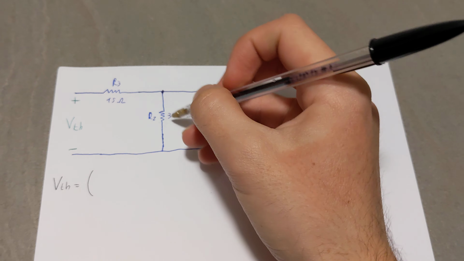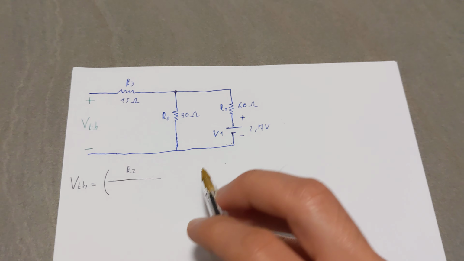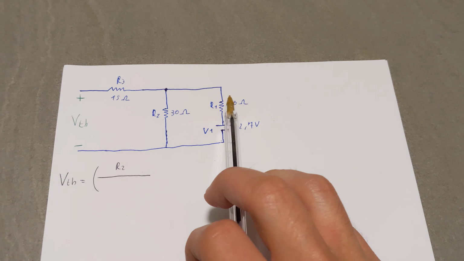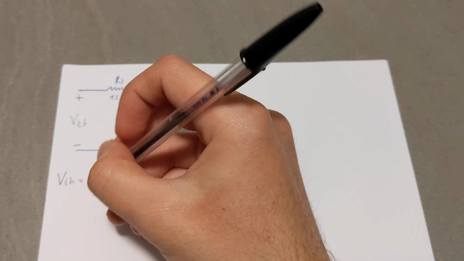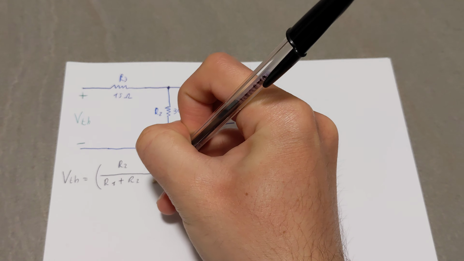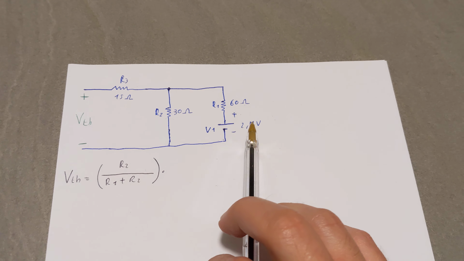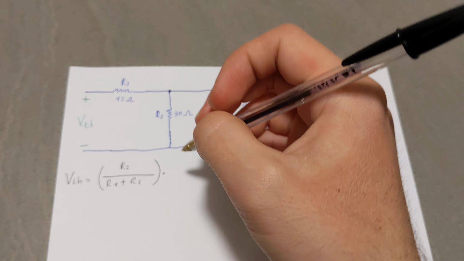What I mean is take R2 right here, divided by the sum of R1 and R2, so R1 plus R2, and then multiply everything by the voltage of our power supply.